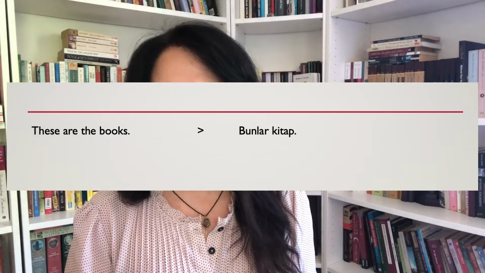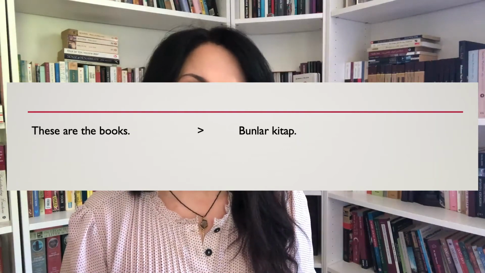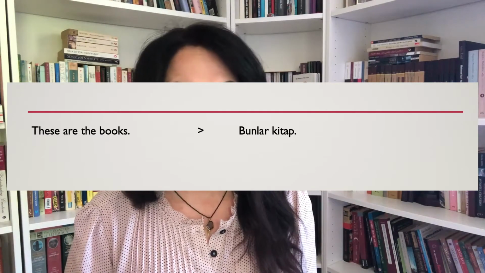If you want to talk about two or more objects, you're going to make your sentence plural, right? As you can imagine. And we learned the plural suffix when we were talking about vowel harmony in the previous lesson. So if you want to say these are books, you say bunlar kitap.